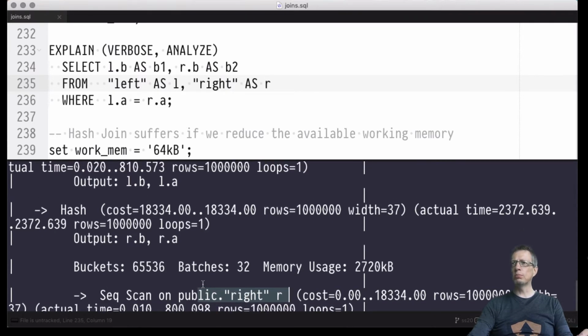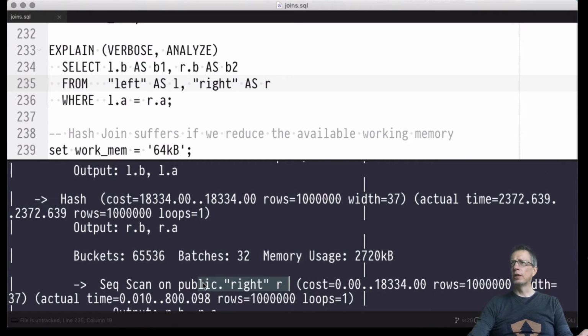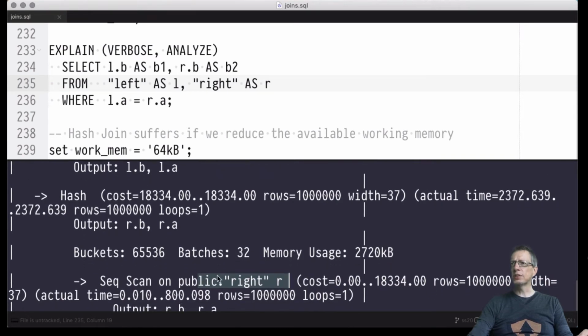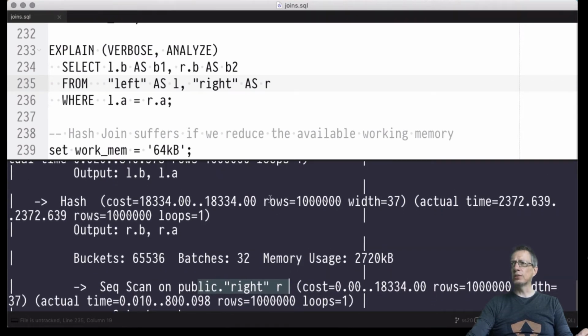You will also see that the scans on the left hand and right hand side tables visit all the 1 million rows here. So no exploitation of order or premature ending of scanning or reading the table.